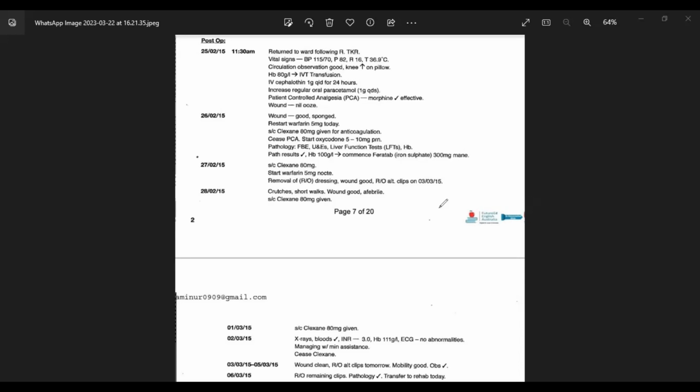He had the ward stay that I displayed in front of you, followed by the rehabilitation, and now the patient is being discharged. This part of the information that I brought in front of you, I clipped from the letter so that we can understand how to summarize it.